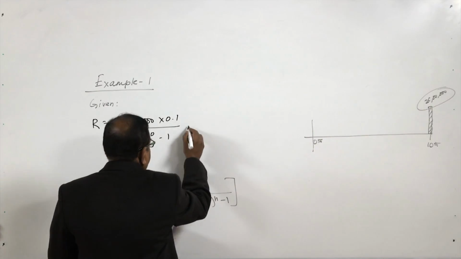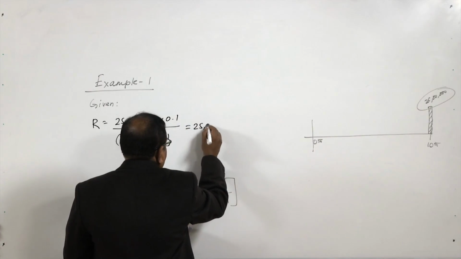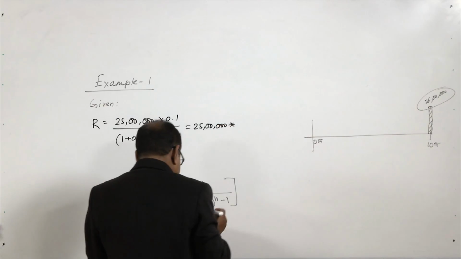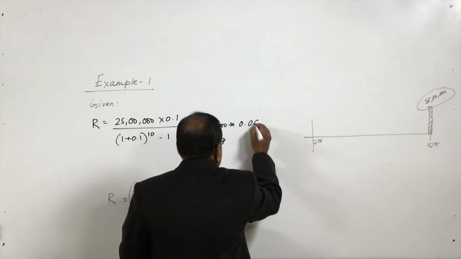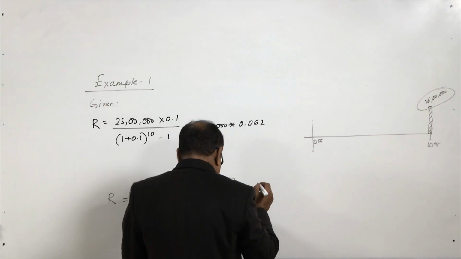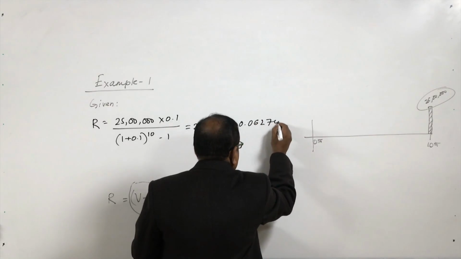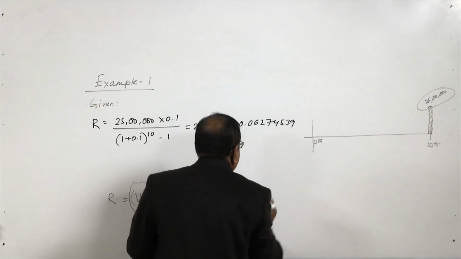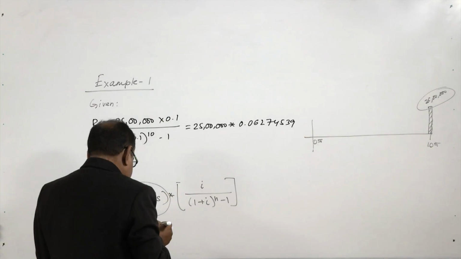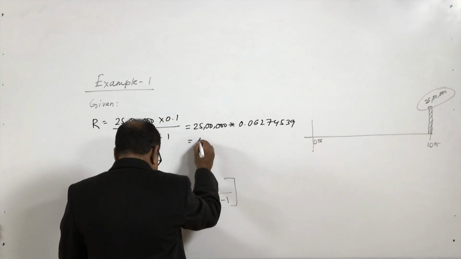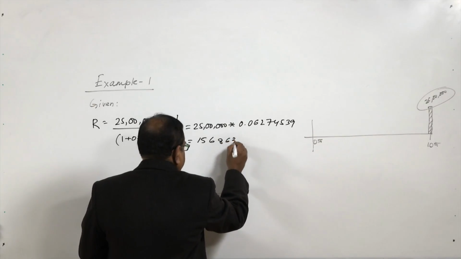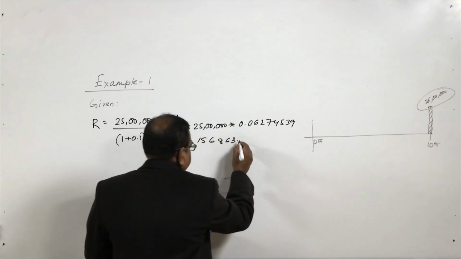This comes out to be 25 lakh into 0.06274539, and this value comes out to be 1,56,863.48.